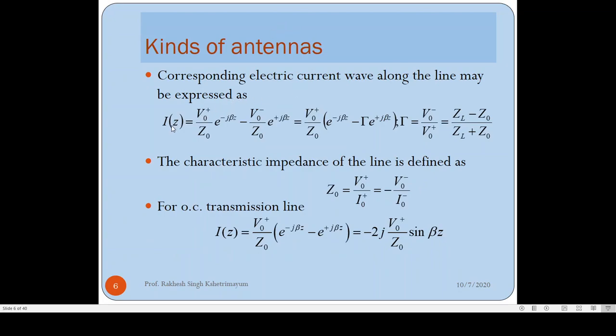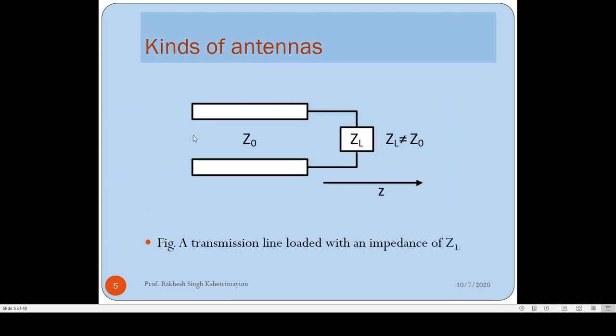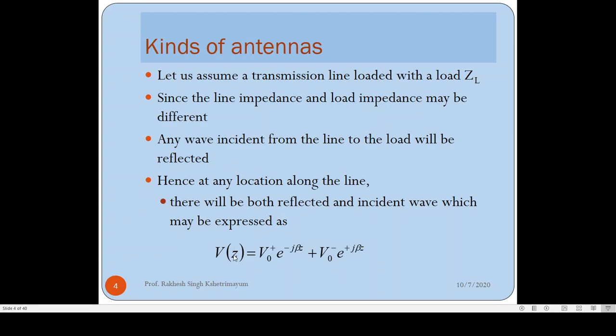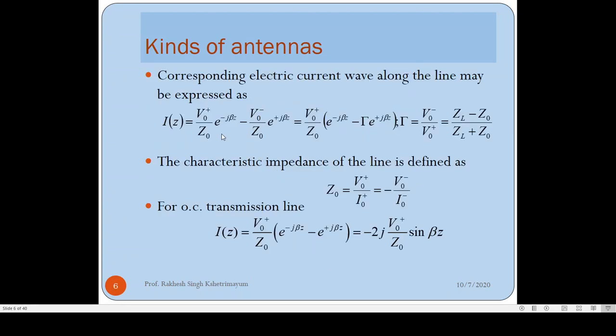If you want to find the current along the transmission line at any specific location z, you need to divide the expression for the voltage wave by the characteristic impedance Z0. But here you have a negative sign, because of the definition of Z0.